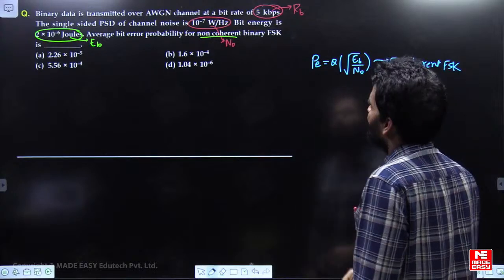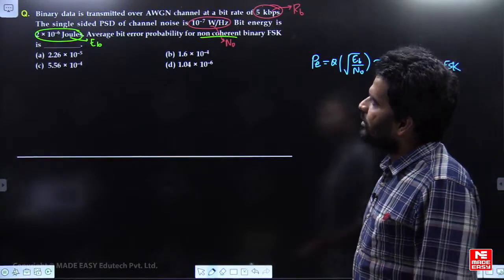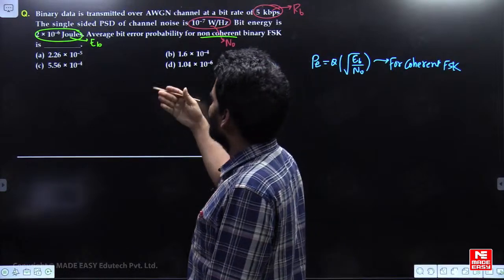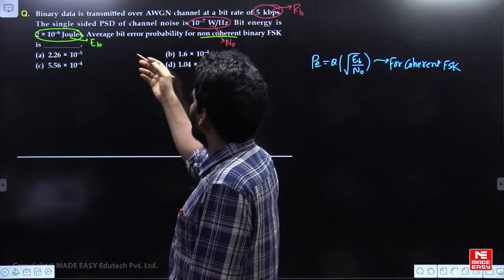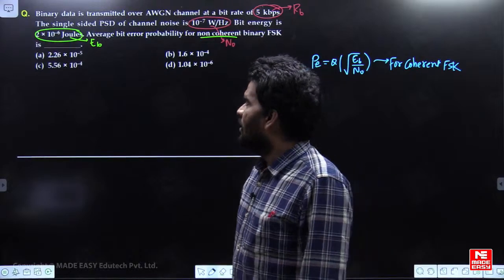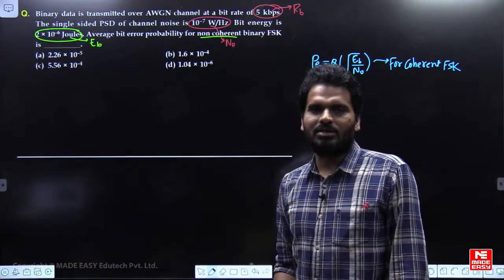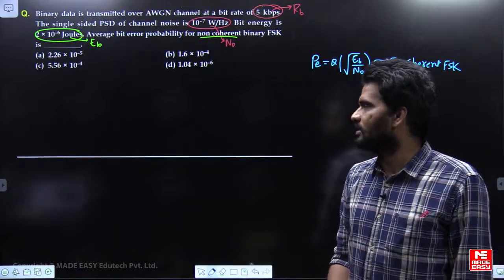But we have to find it for non-coherent FSK. Average bit error probability simply means probability of error only. Don't give any importance to the word average.